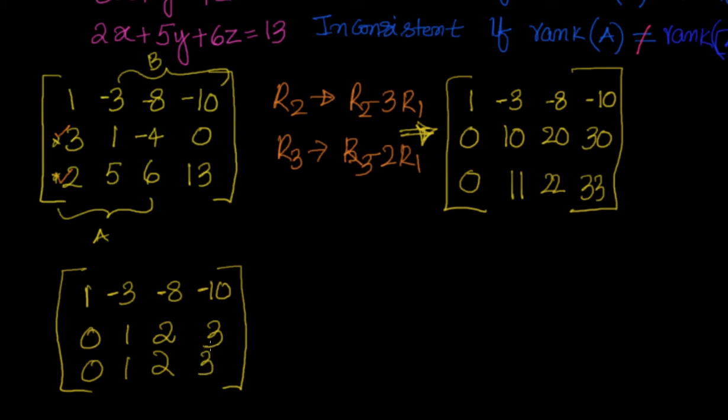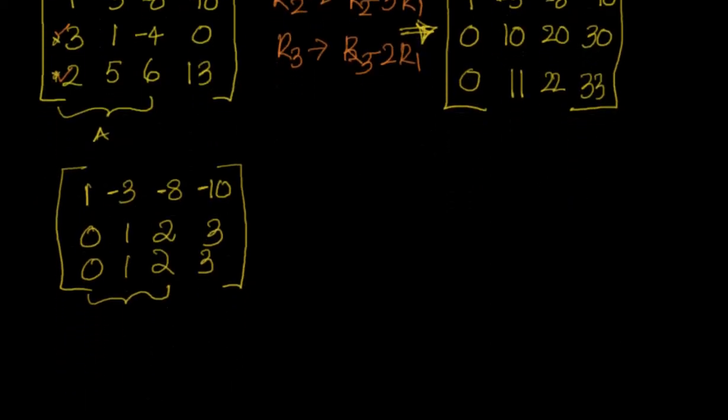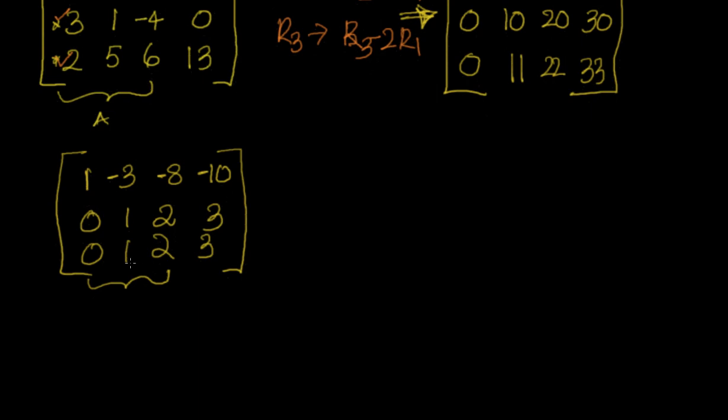So I know for sure that the rank of A is not equal to 3. Why? Because two rows are identical, 0, 1, 2 and 0, 1, 2. Similarly, if I look here also, the rank of B is also not equal to 3.